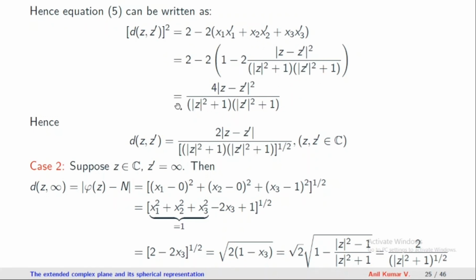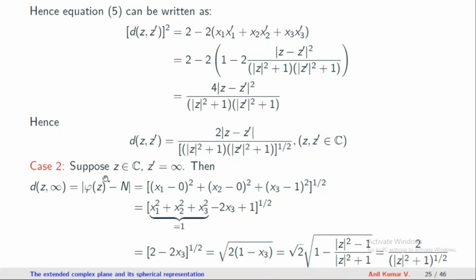On simplification, we obtain this expression is equal to 4 times modulus of z minus z prime the whole square divided by (mod z squared plus 1) into (mod z prime squared plus 1). If we take the square root, we get the distance between z and z prime is equal to this.